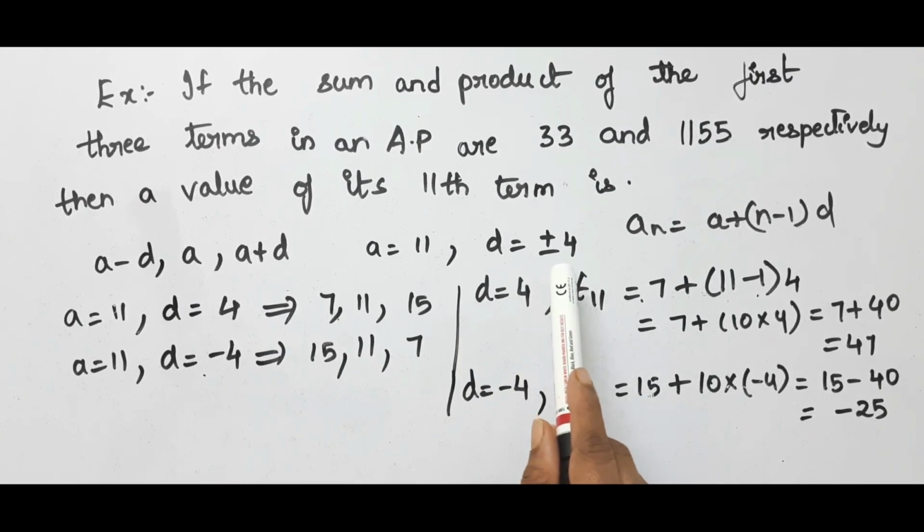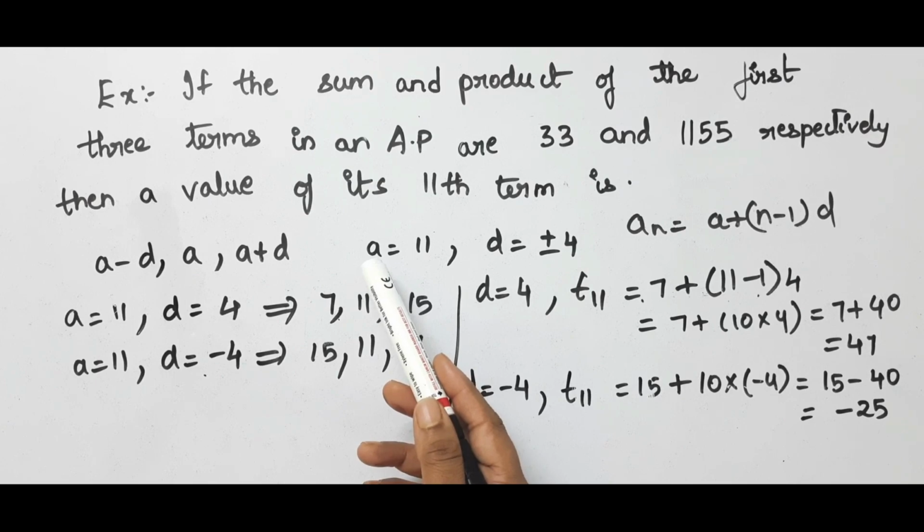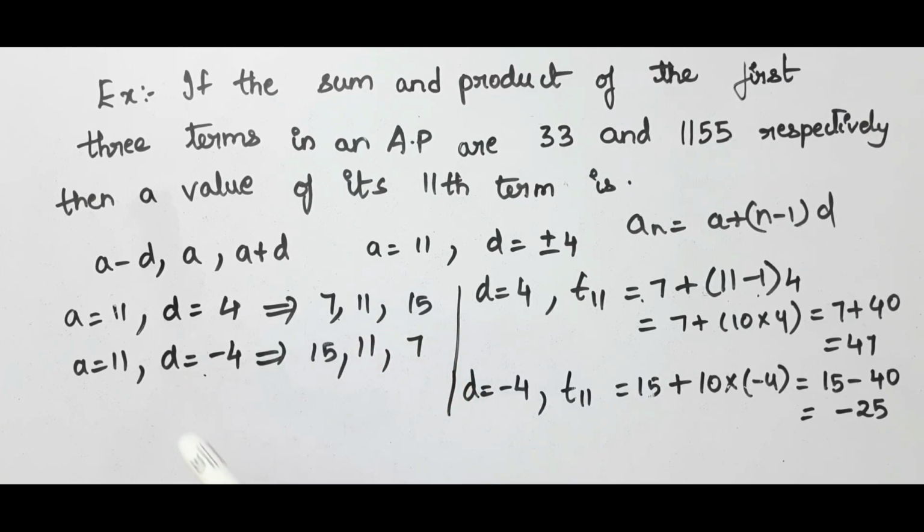As I have got both plus and minus here, I've got two different progressions, such that one common difference is 4 and the other is minus 4. Okay, once you get the numbers, you can easily calculate the required value they ask to find. Okay, in this way you have to do this type of problem.